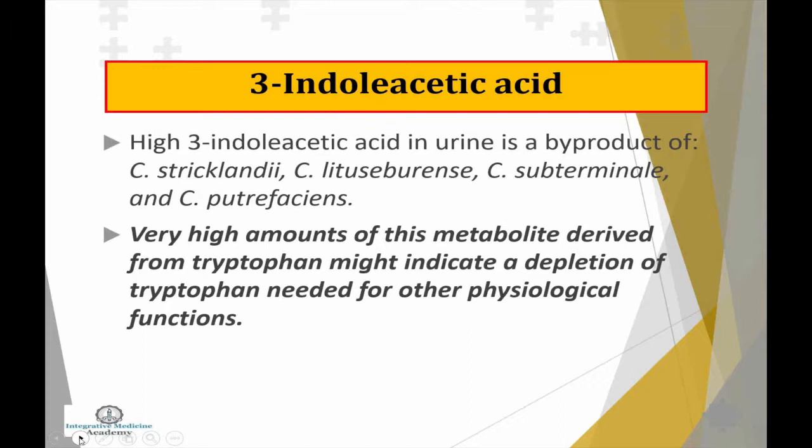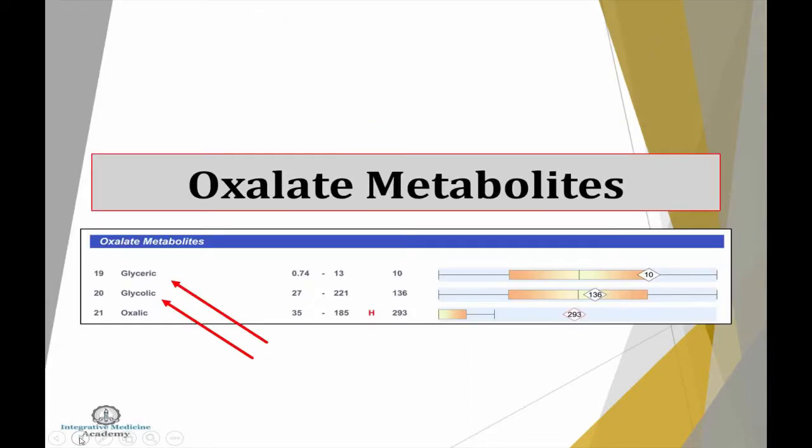All right, page 2 of the OAT, top section, oxalates. I've talked a lot about oxalic acid and oxalate issues in other lectures. We know that it's a contributing factor to kidney stones. Some of the lesser seen, lesser known markers on this test are the glycolic and the glyceric.